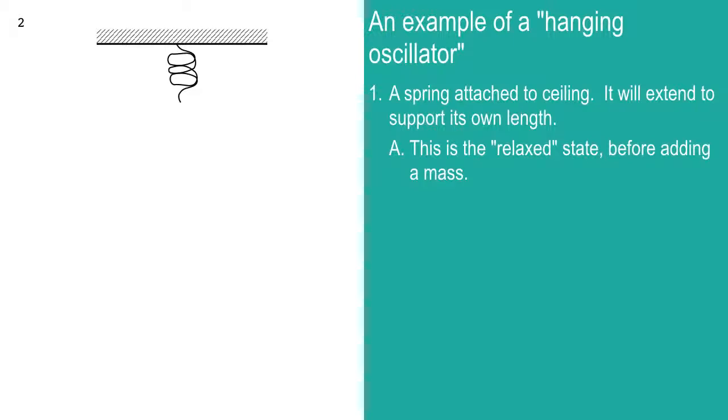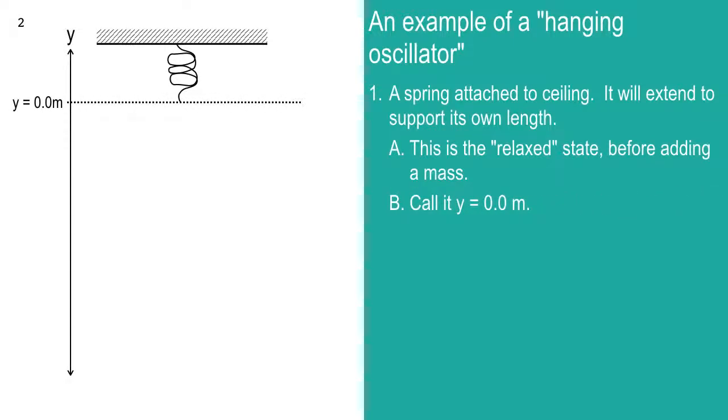Now this problem, I've figured out the solution to it. The wording is a little bit tricky, so let's just work through this step by step, right through this problem. All right, so we're going to call that y equals 0, the position of the spring in its relaxed state without a mass. Now we're going to attach a mass, and then it becomes an oscillator.